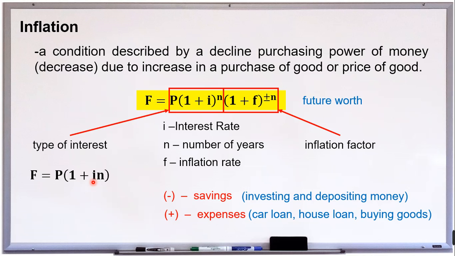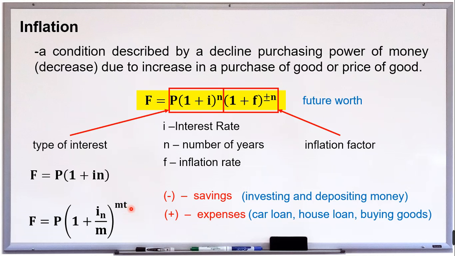And if it is compound interest with a distinct compounding scheme, we're going to use this formula in which we have the nominal interest rate and the compounding scheme. Notice that our n here changes to the product of the compounding scheme and the time in years.